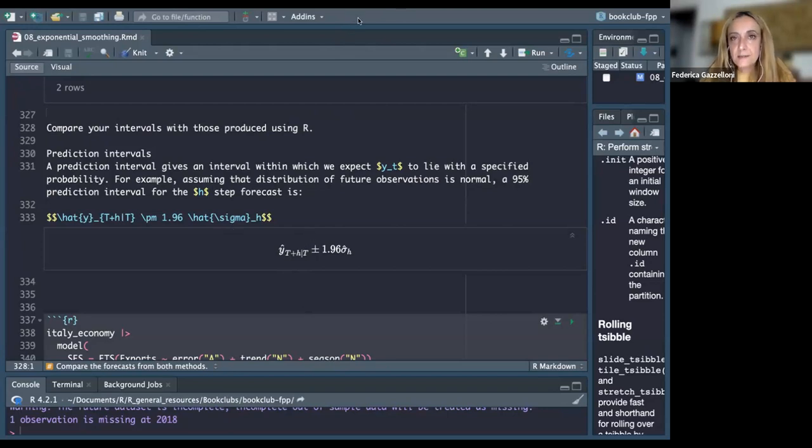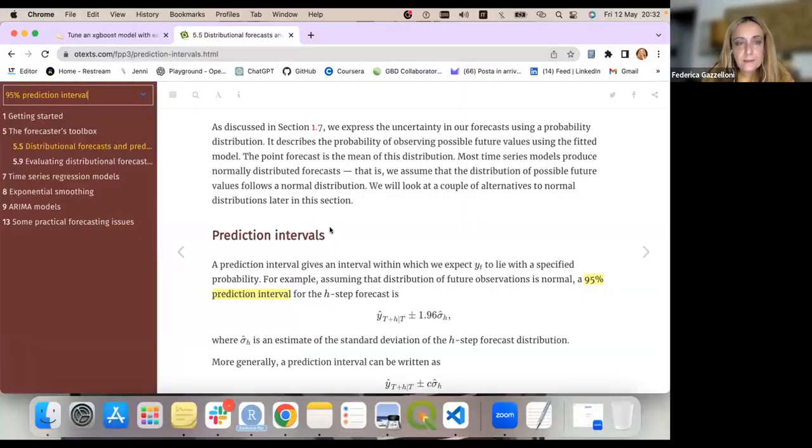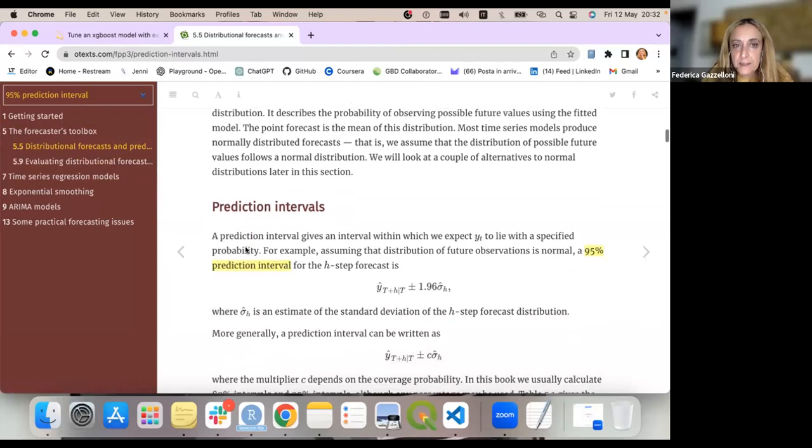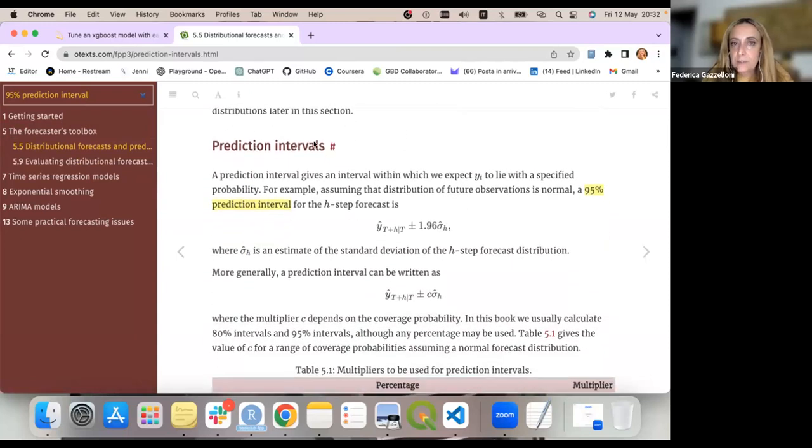You don't see what I'm sharing, but I'll share it again. As you can see, this is in chapter 5, the forecaster's toolbox, section 5.5, and it talks about the prediction intervals.